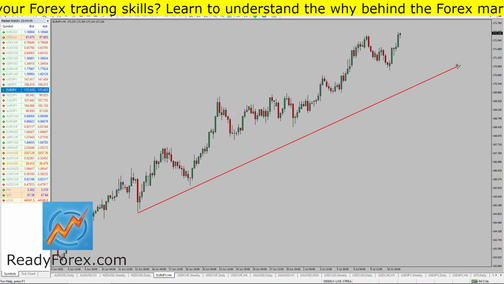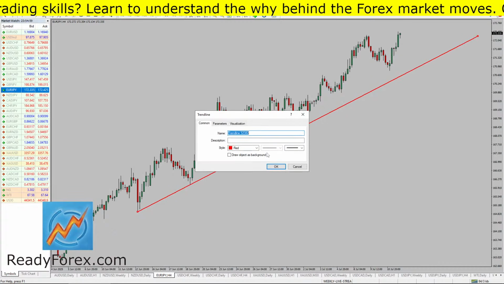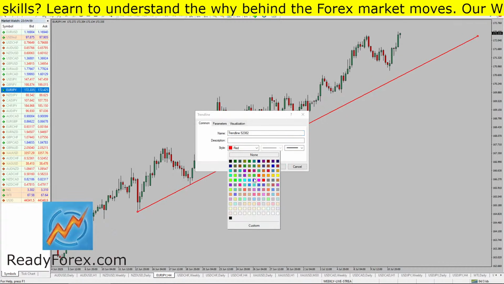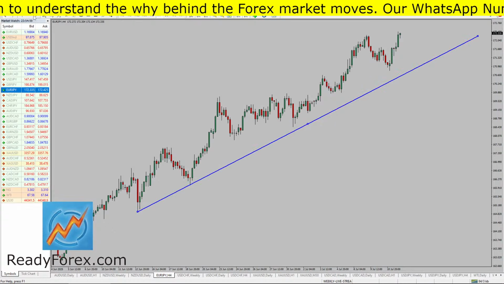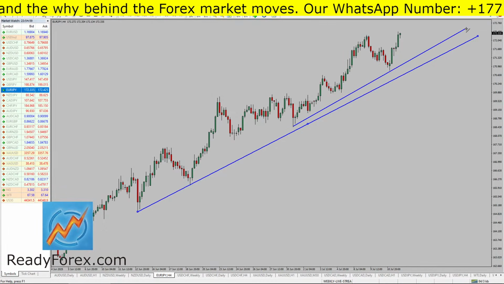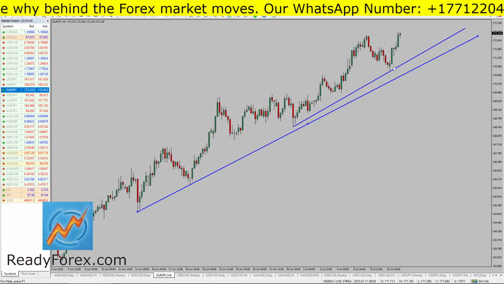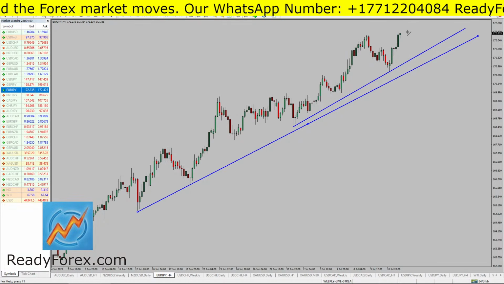We can draw a trend line, and I can even draw one more trend line.